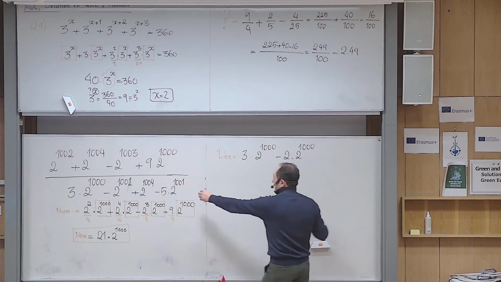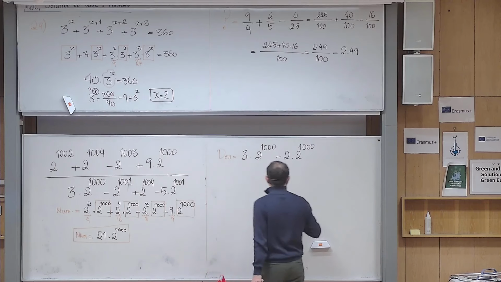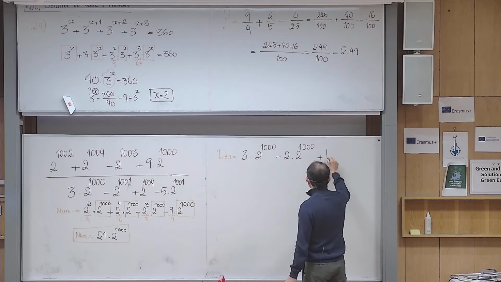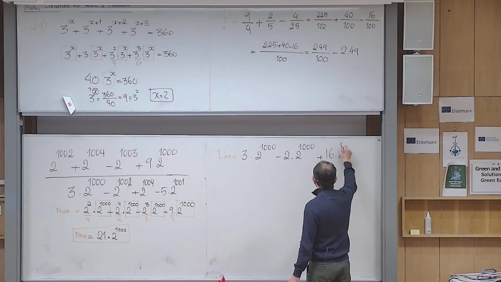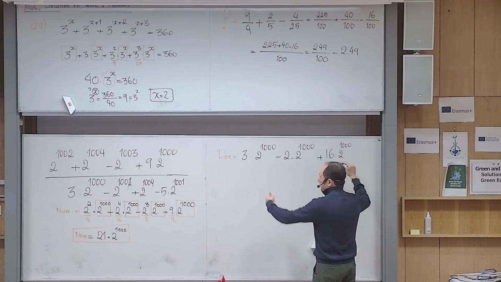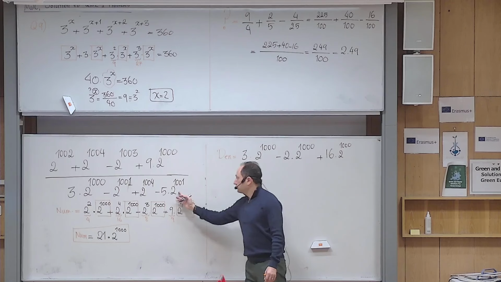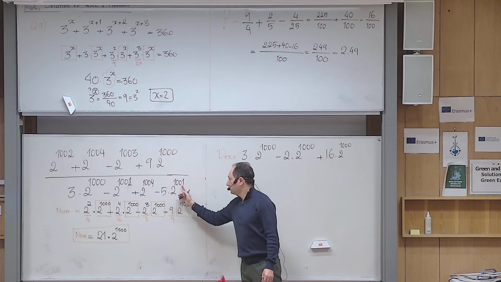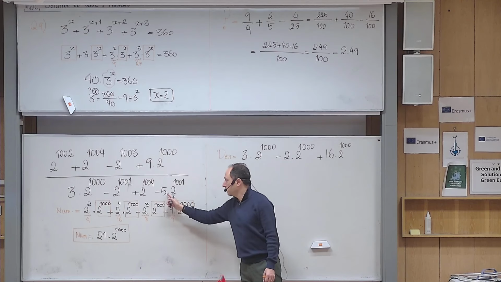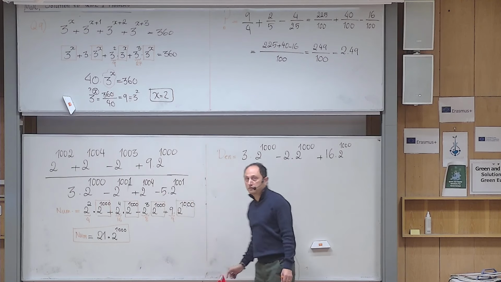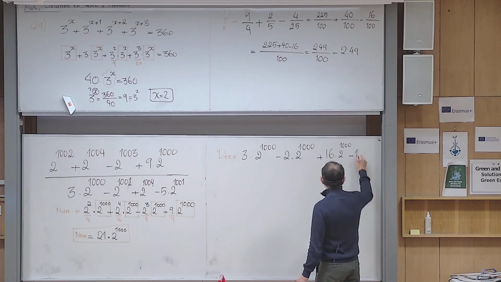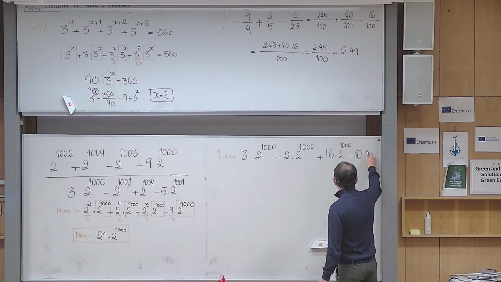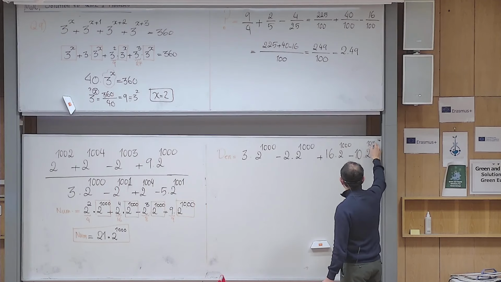The next one, I have 4 extra 2's, 2 to the power of 4, which becomes 16, times 2 to the power of 1000. And finally, the last one, I take 1 two out because I want to make it 1000, but that 2 that goes out will be multiplied by 5, which gives me 10. The sign is negative, so it becomes minus 10 times 2 to the power of 1000.